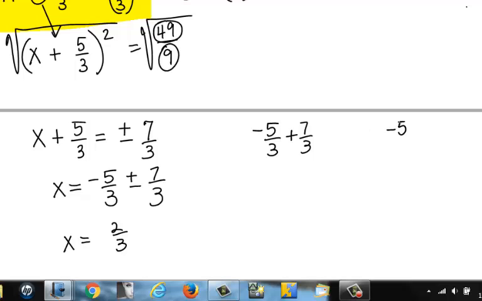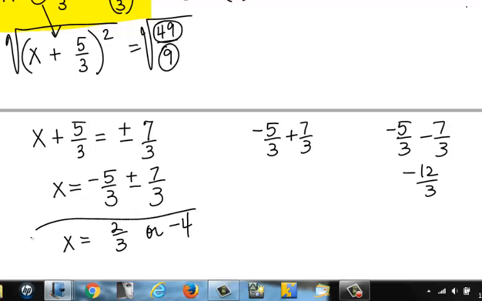The other answer is negative 5/3 minus 7/3, negative 12/3, which would be negative 4. So there's two answers, 2/3 or negative 4.